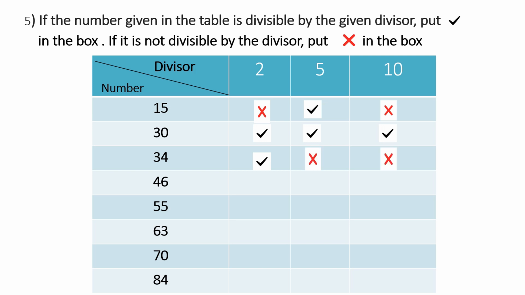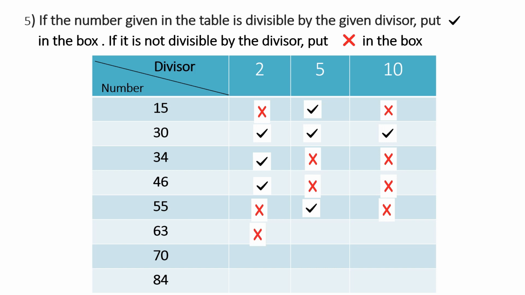46. Again 6 is in the units place, so it is only divisible by 2. It is not divisible by 5 and 10. 55. 5 is in the units place, so it is only divisible by 5, but it is not divisible by 2 and 10. 63. It is not divisible by any number.